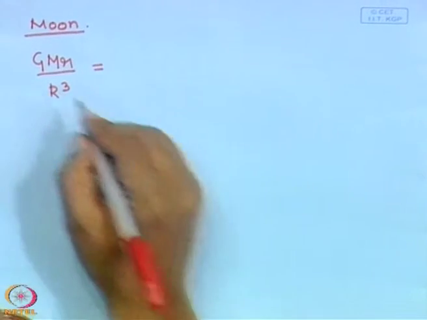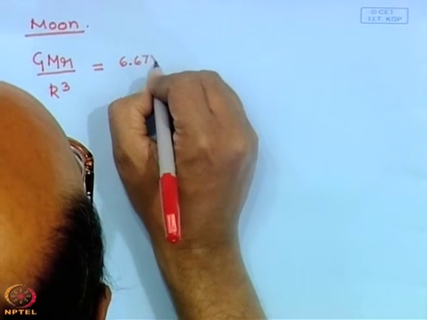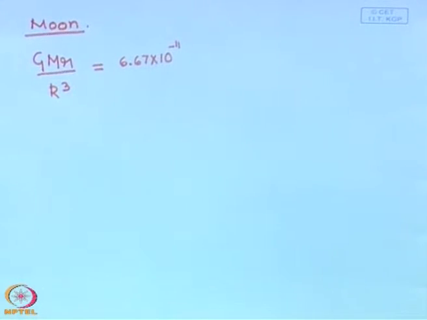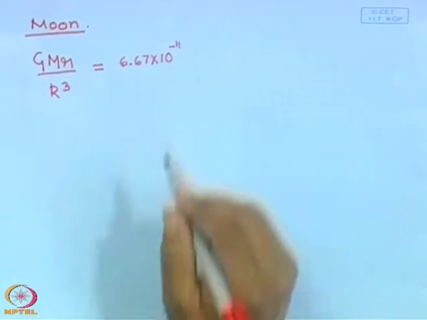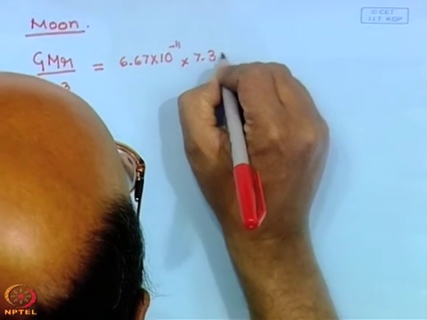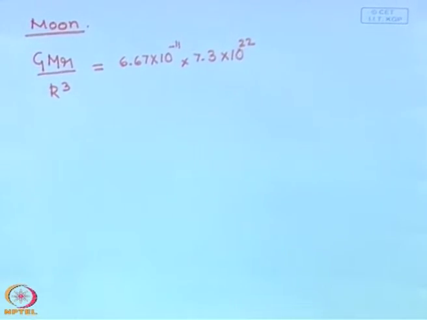Okay. So, let us put in the values. Capital G is 6.67 into 10 to the power minus 11 in SI units. Then the mass of the moon we have just seen, it is 7.3 into 10 to the power 22 kg. We are working in SI units throughout, so I will not write the units.